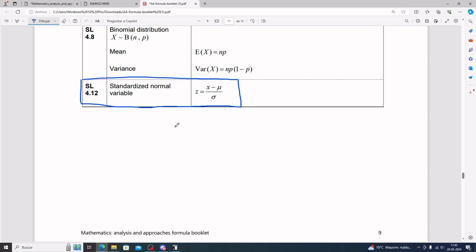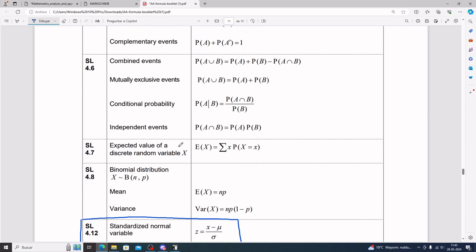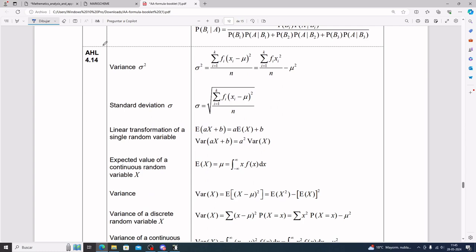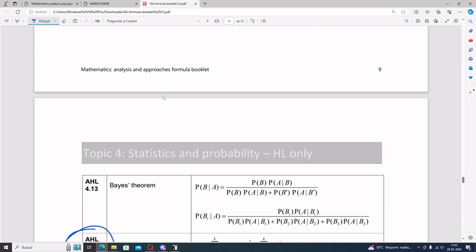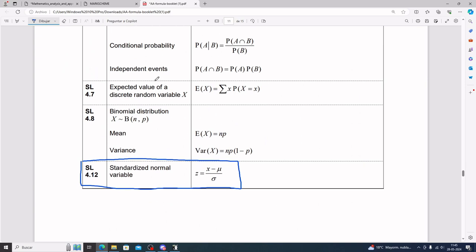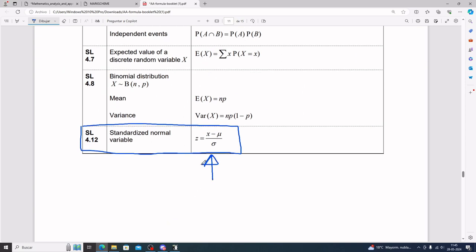Now, why am I bringing this up? Because in your formula booklet, and this is huge, the only place where you have the standard deviation, unless you're HL, which we're not going to talk about today, is here. And so this is the formula you can use in order to find standard deviation.